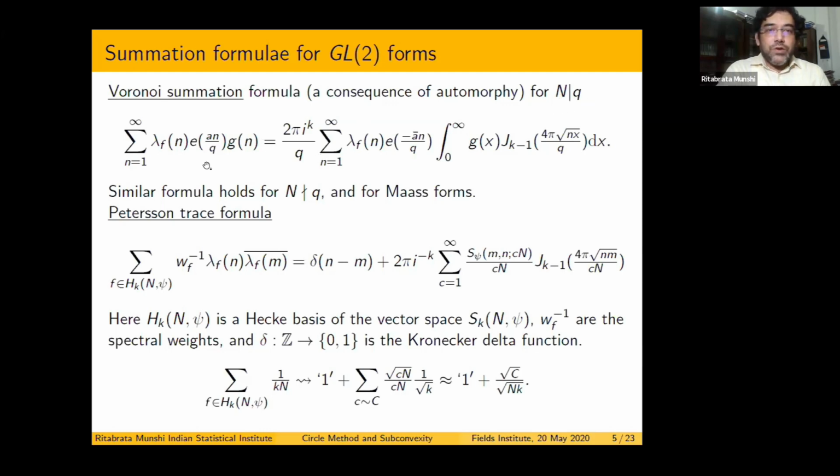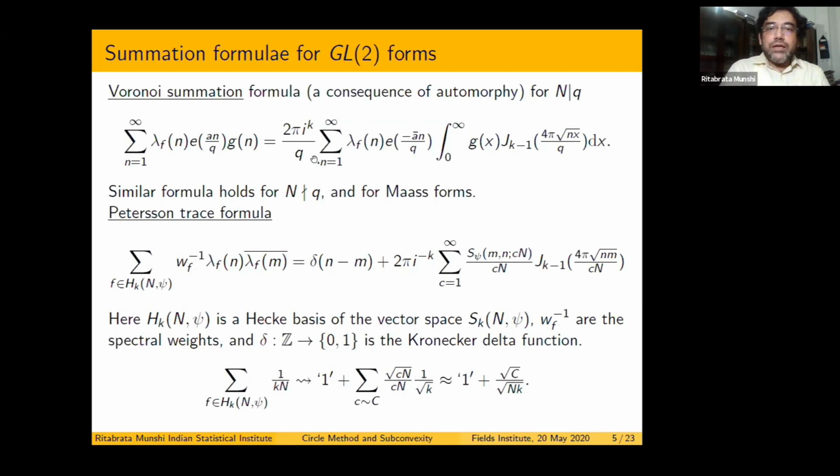If N divides q, then the Voronoi summation formula says that this sum over here is equal to this sum. Here g is going to be a nice function. We can think of it as a bump function supported between capital N and 2N.